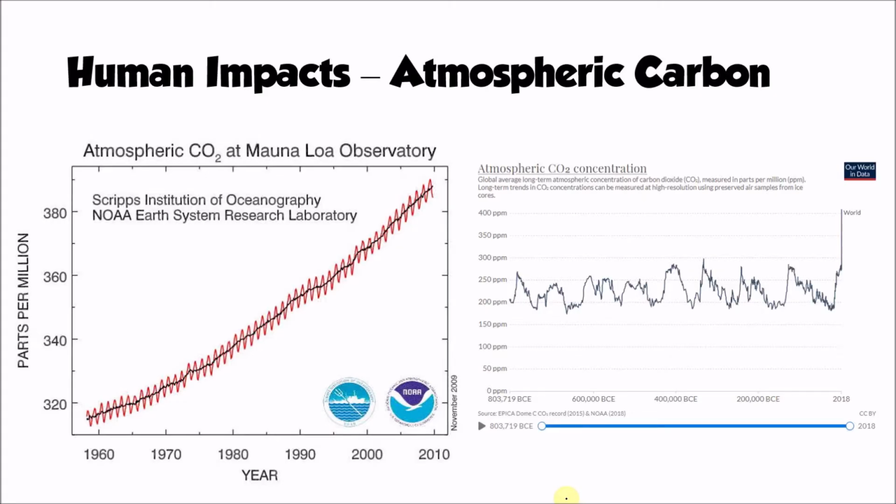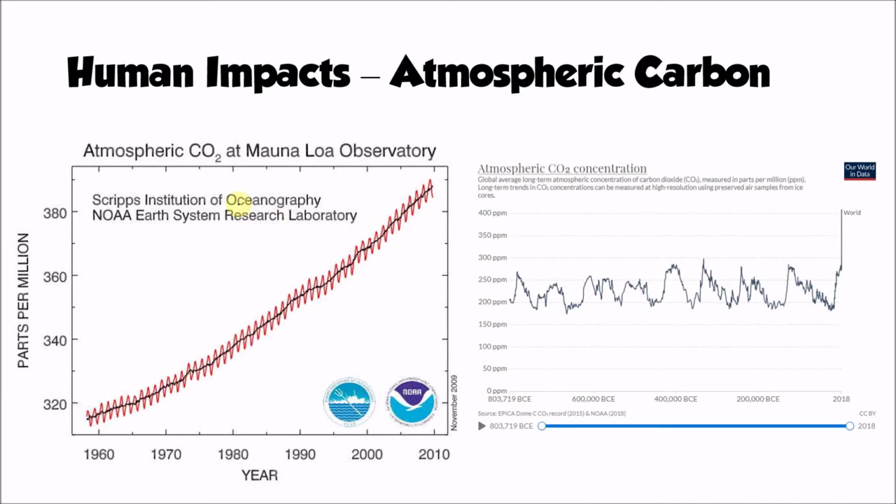So over time we can see how the concentration of particularly carbon dioxide, a very important greenhouse gas, has changed within our atmosphere. The graph on the left hand side shows observations of atmospheric carbon dioxide taken from the Mauna Loa Observatory in Hawaii.